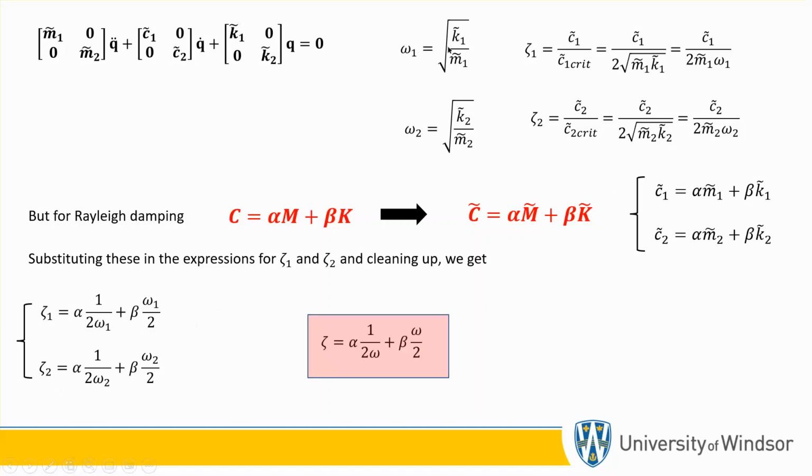So this damping ratio that we have, in general as a function of alpha and beta, looks like that. For psi 1 it is this, for psi 2 it is like that. So generally it follows this form: alpha over 2 omega plus beta omega over 2.